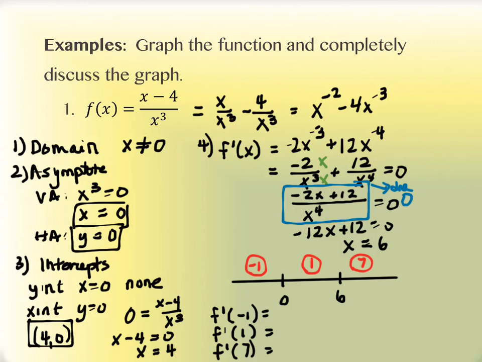It's always positive because this is a power of 4, right? When you multiply something by itself 4 times, it cancels out any negatives you might have had. So we really can consider only the numerator on this particular one because the denominator is always positive. So I put -1 in the numerator, that is the -2x plus 12. Do I get a positive or negative? Positive. So this is a positive.